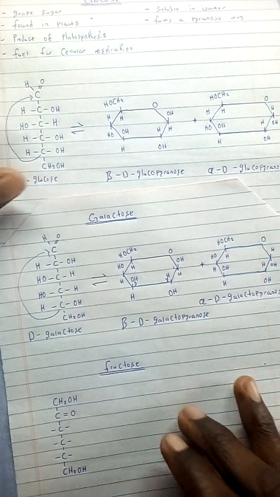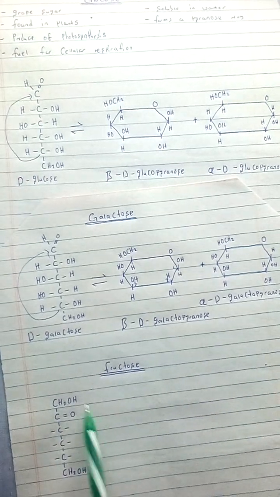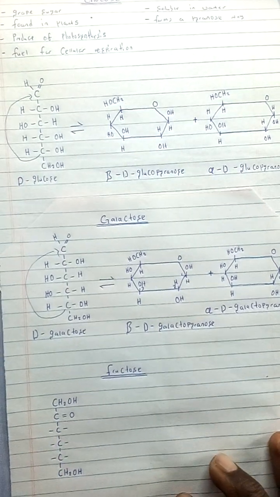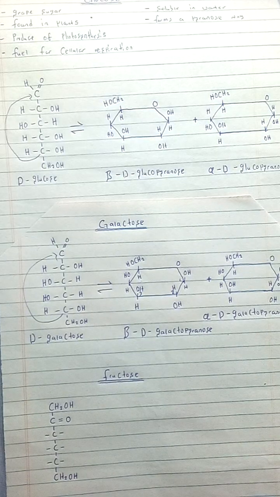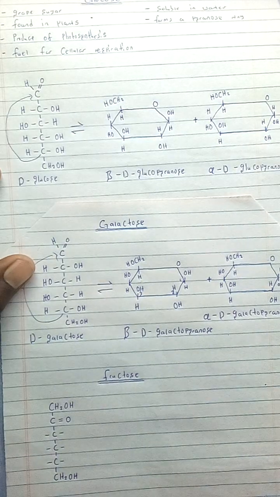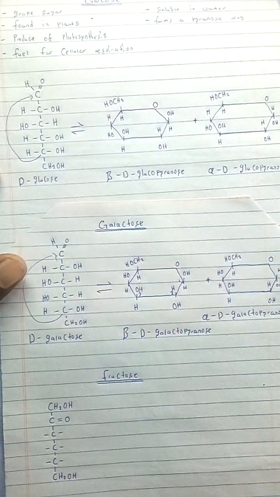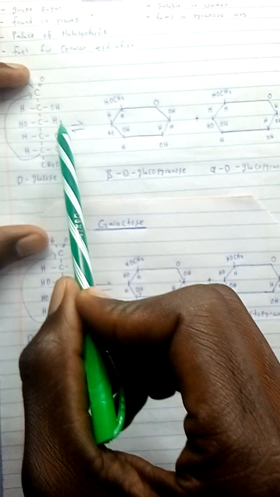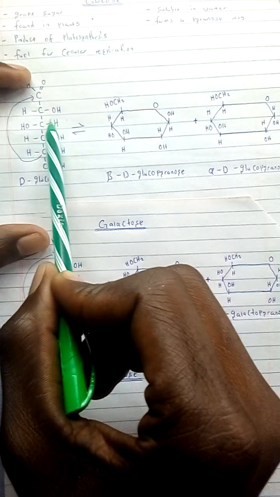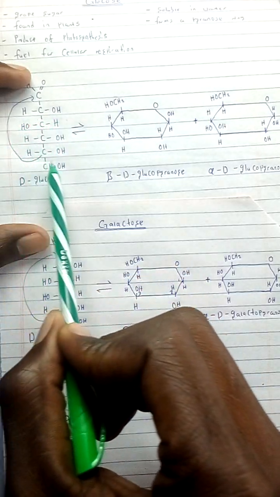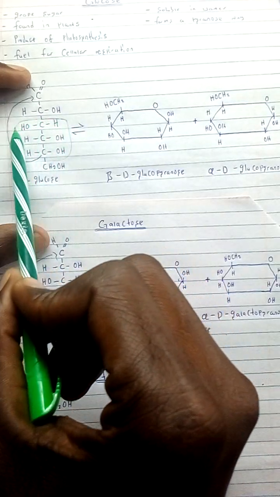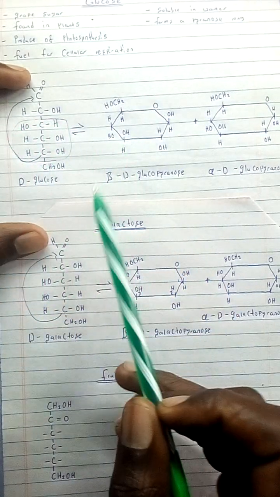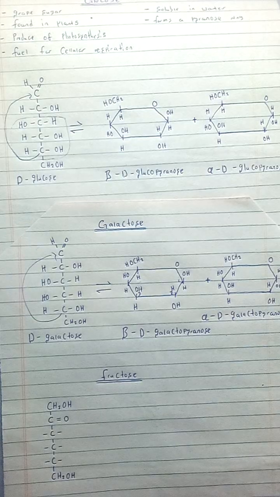So when you see this, immediately you draw it, there are some things that you just need to include which are similar to that of glucose. As you can see, this part for glucose, this part for glucose, that part for glucose is the same one which you are supposed to put here.